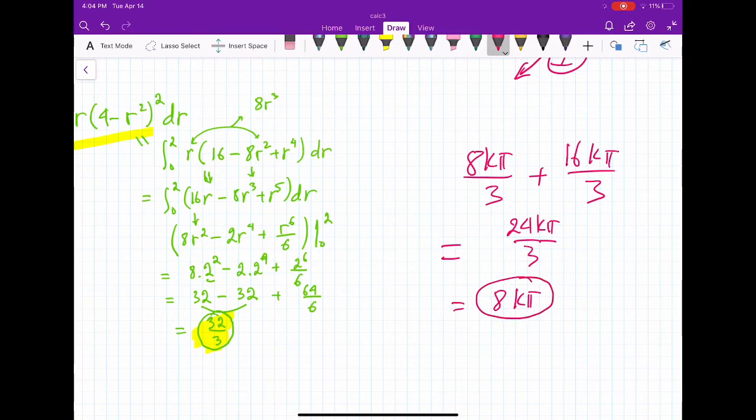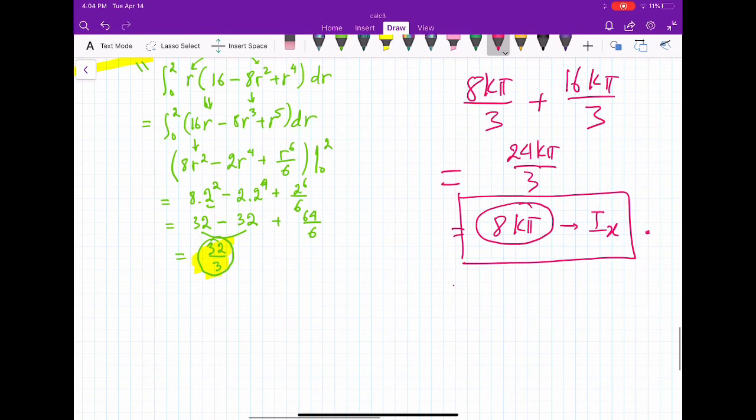And 8k pi in this case is the second moment with respect to the x. So you can see how long it is. I very much encourage you to find the second moment with respect to the y and with respect to the z. Okay, if you have solutions, send them to me. Thank you.